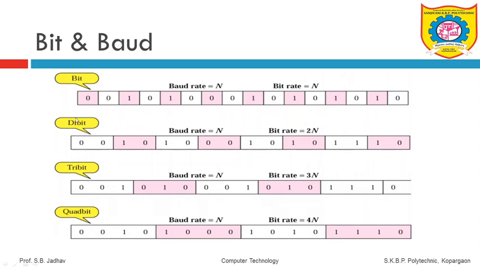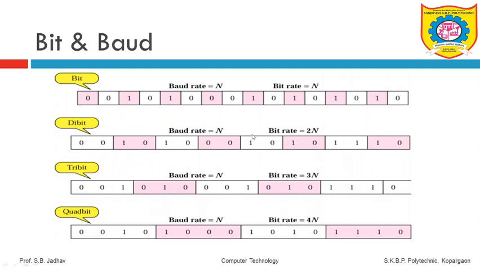In the second diagram, denoted as dibit, two bits are used per symbol. In that case, baud rate will be represented by n, but bit rate becomes 2n.